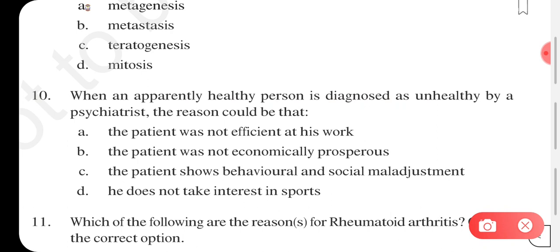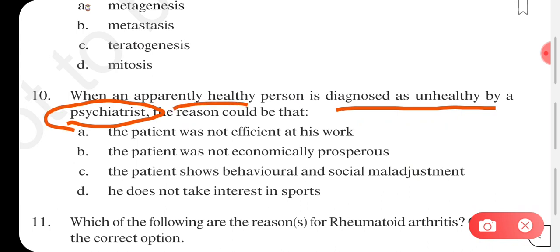A healthy person diagnosed as unhealthy by a psychiatrist means that some changes are being shown in the behavior, or maybe there is some social maladjustment.